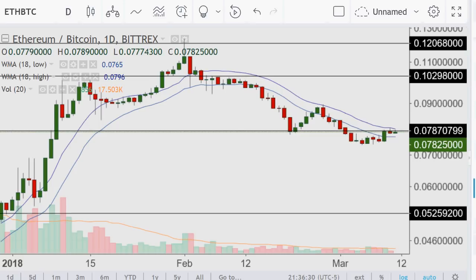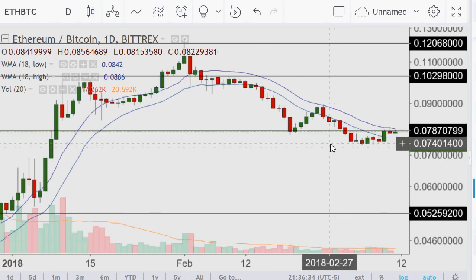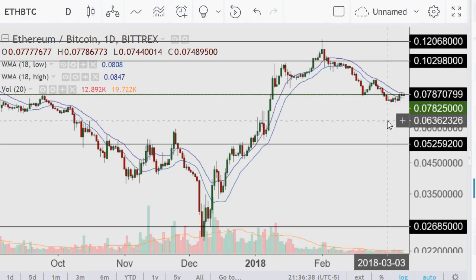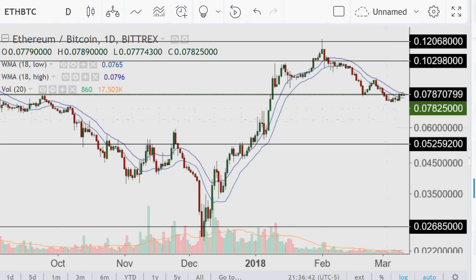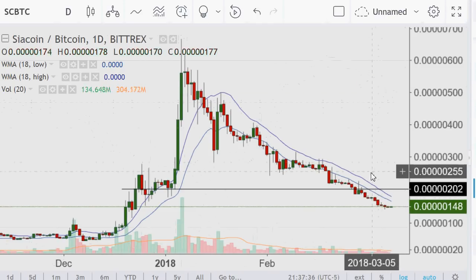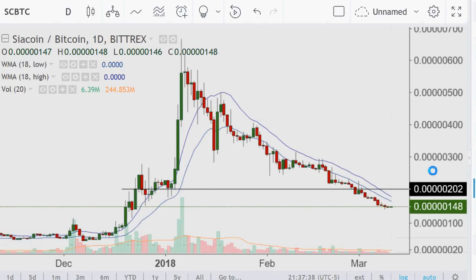Ethereum against Bitcoin, you know, it's pretty much the same analysis as Dash. I mean, it's barely went below as far as where I think it would come. You might have some support amongst the 50% retracement. But, yep, that's Ethereum. Sia coin. And I have a better support a little higher than 202.